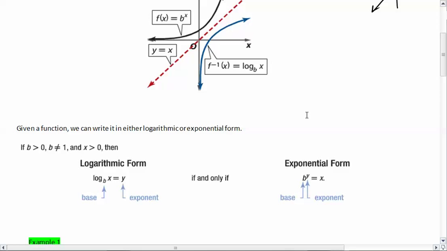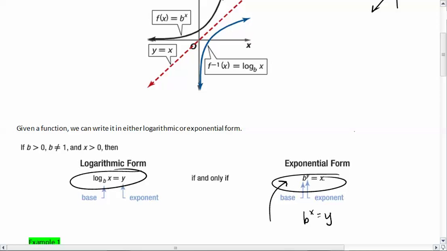So we said before that log base b of x is actually the inverse of b to the x equals y. So it should be clear how you would write that, right? We did inverses before, we just swapped. So this is b to the y equals x. That's the same as this.